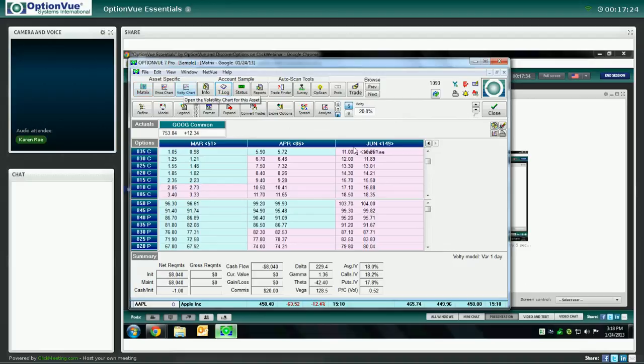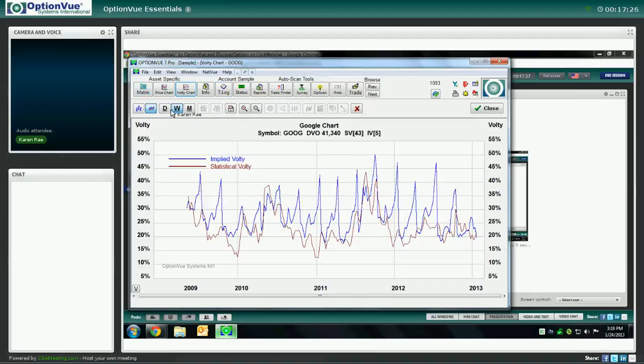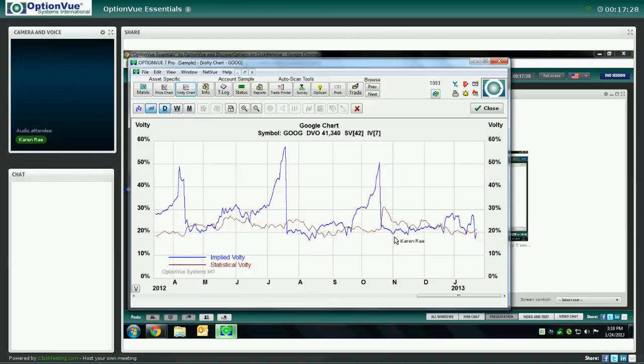And if I look at a volatility chart, I can actually see on a daily chart, this is a volatility chart as computed by OptionVue. The statistical volatility, again, is computed by the stock high and low prices. I'm going to click at the ending date of it, and it's around 21.4.